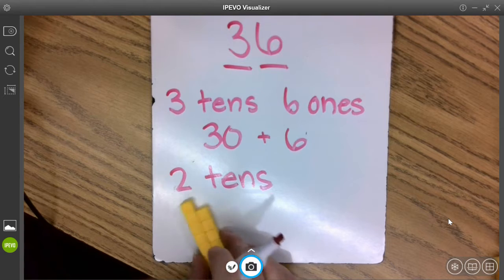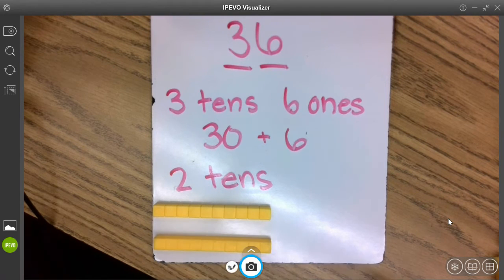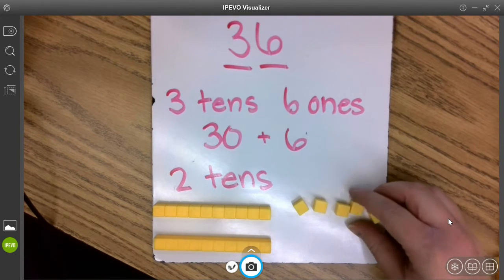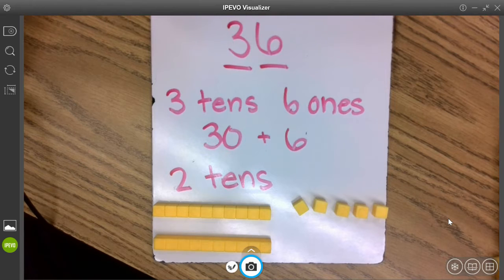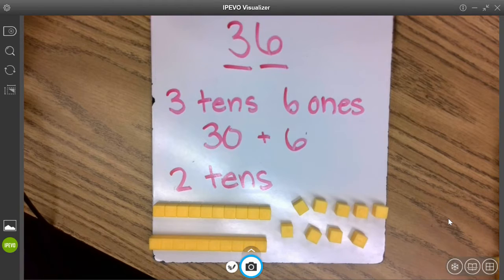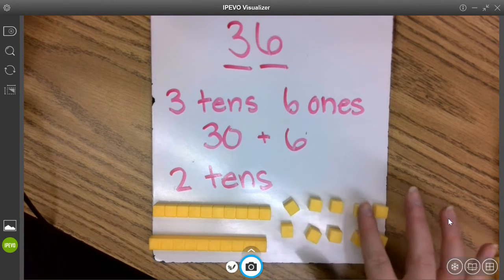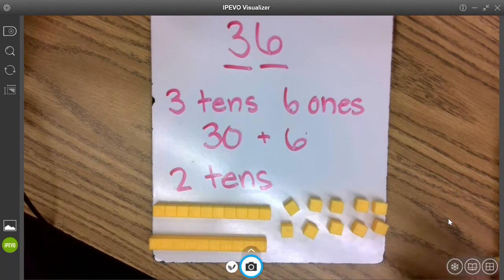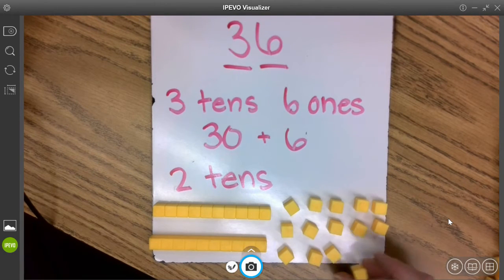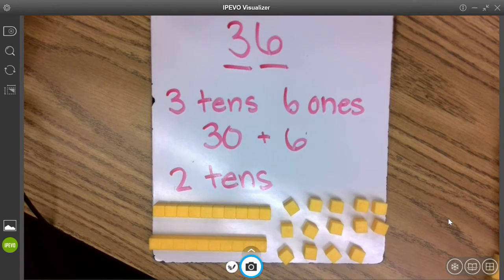So if I have 10, 20, let's keep going until we get to 36. 21, 22, 23, 24, 25, 26, 27, 28, 29, 30, 31, 32, 33, 34, 35, 36 down there at the bottom.